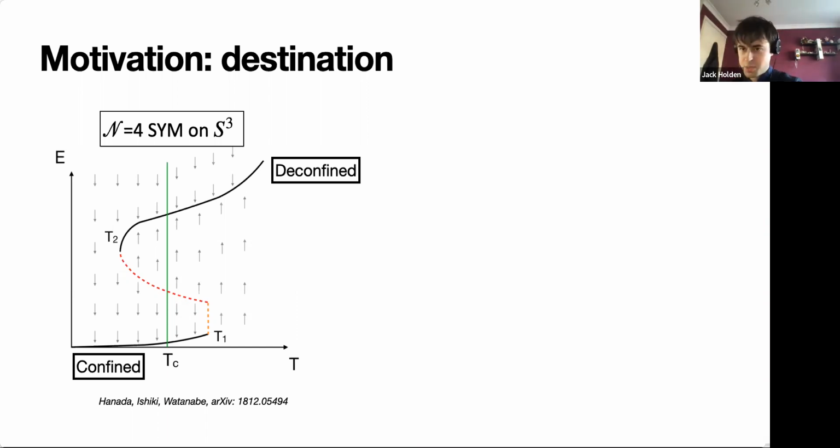It's possible in N=4 SYM for the confined and deconfined states to separate in space, just as in the case of ice and water. But that's not what's happening here. Instead, along this saddle, we have a phase in which the confined and deconfined states are mixed in color space instead of the space of space-time.